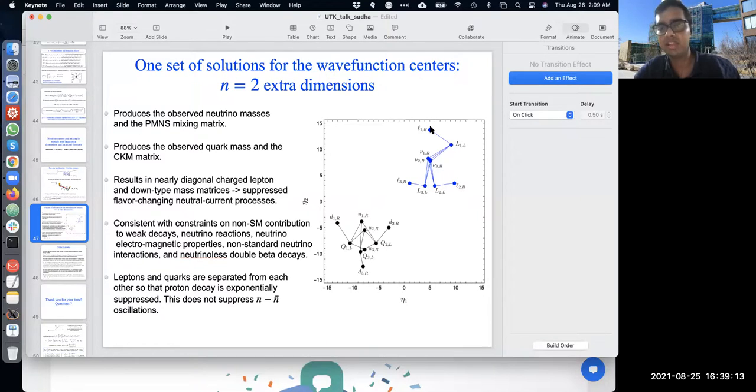For example, if these two different generations of leptons are very close together, you would produce flavor changing neutral current effects in the effective operator, which would be much larger and not consistent with the experimental bounds. So these are chosen to be lying far apart so as to obey the FCNC constraint, the effective field theory limit.